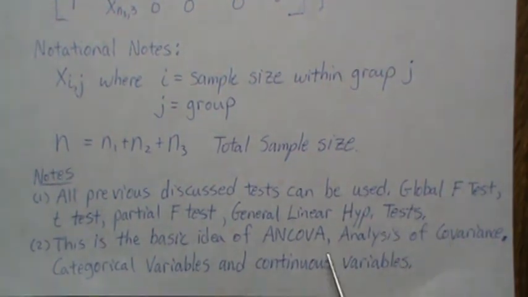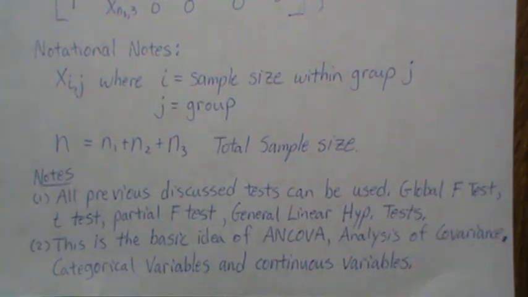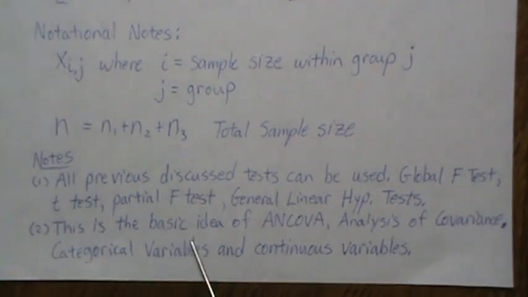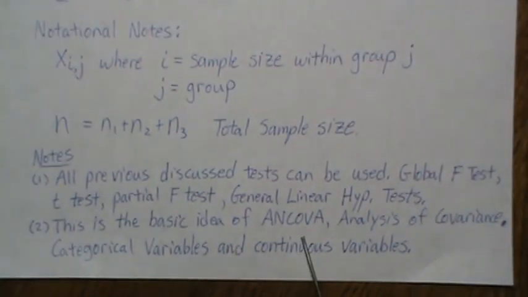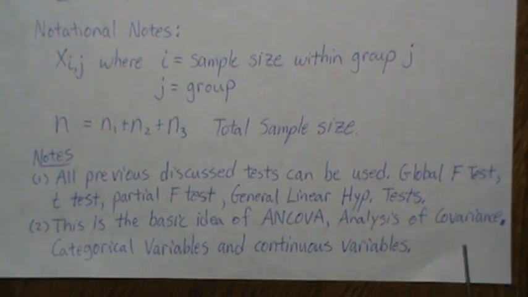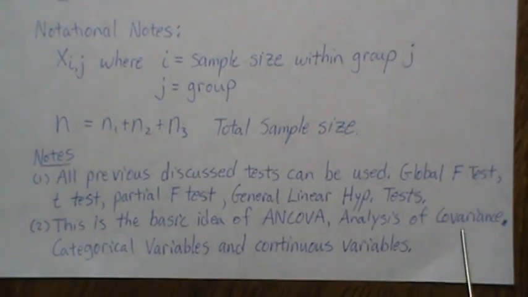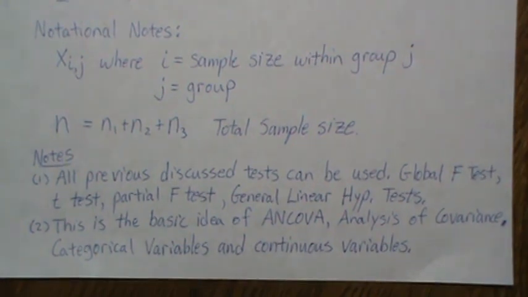I have videos on all of these different tests back in the generalized linear models for regression playlist. And note 2, the last one, this is really the basic idea of ANCOVA, which is analysis of covariance, where you start introducing categorical variables and continuous variables into linear models. And we'll go into much more detail when I start the design of experiments part of this playlist.